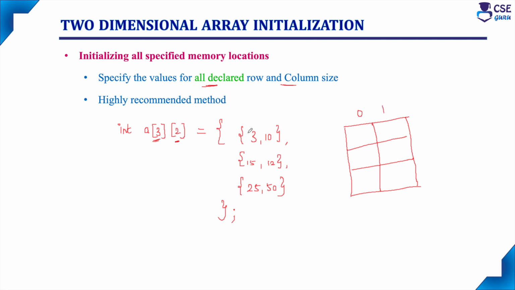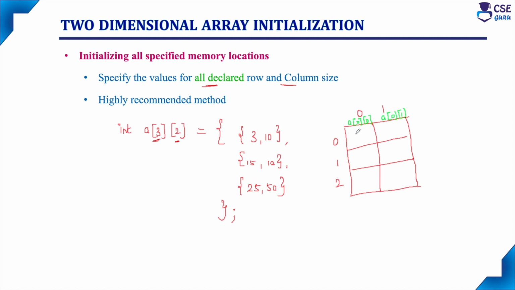Rows are 3, totally 3 rows starting from 0 to n minus 1. And considering the values, this location represents a of 0, 0, and this is a of 0, 1.